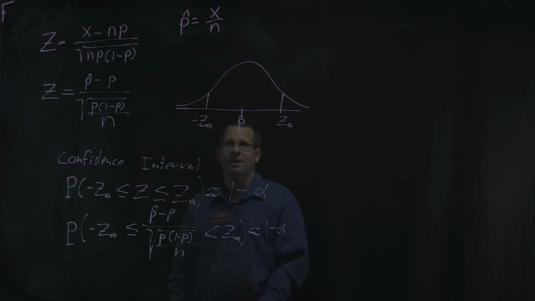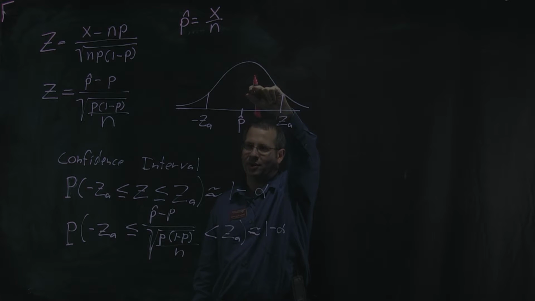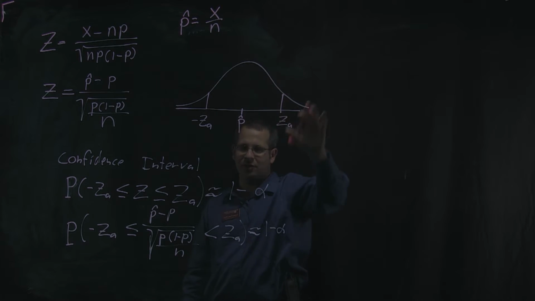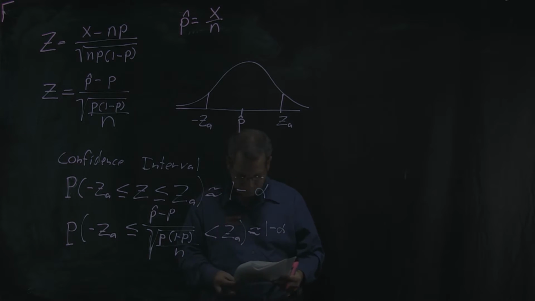It's approximate because remember, this is all based on the binomial distribution, and we approximated a normal distribution from the binomial distribution, which is why I'm putting approximately here.